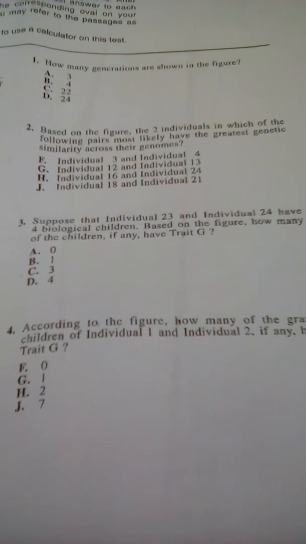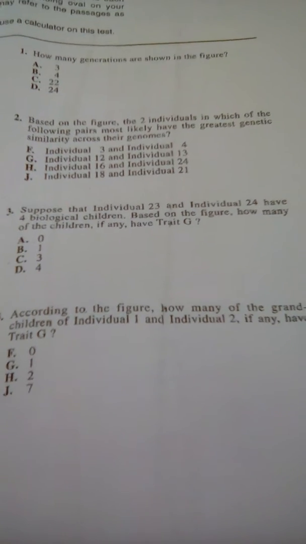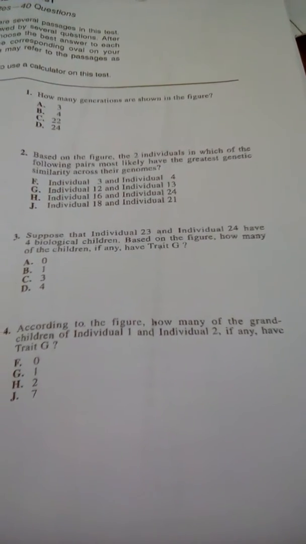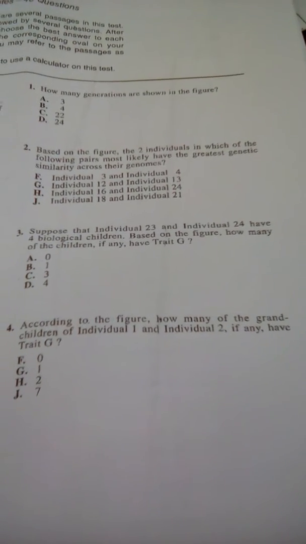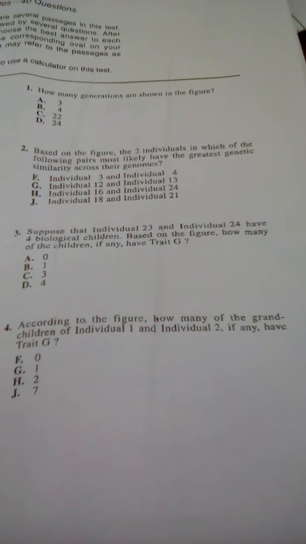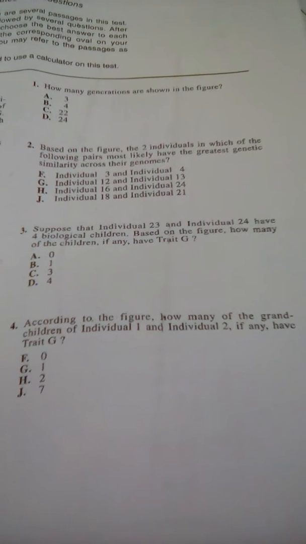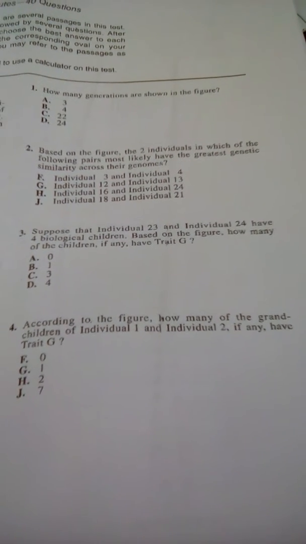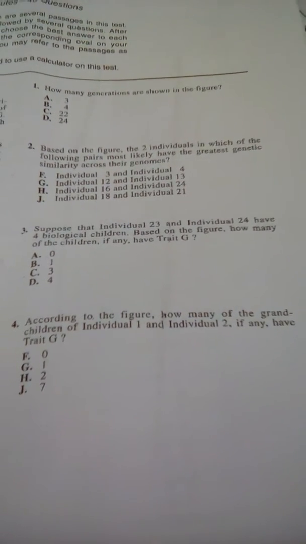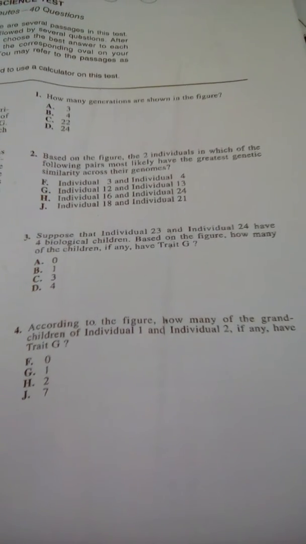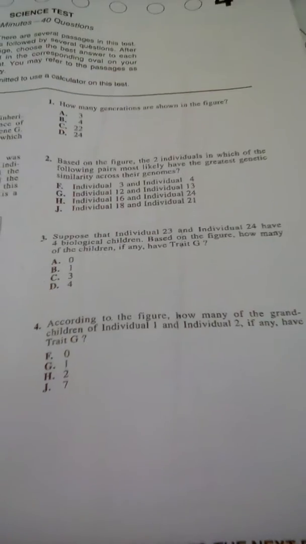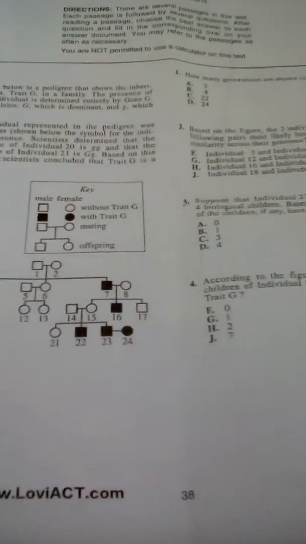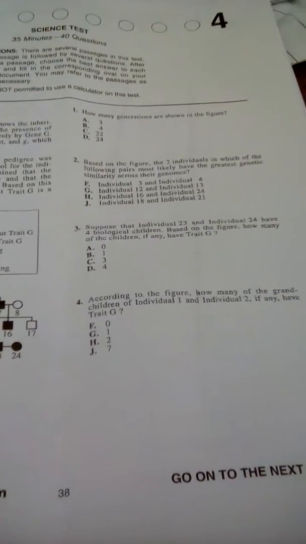4. According to the figure, how many of the grandchildren of individual 1 and individual 2, if any, have trait G? The possible answers are 0, 1, 2, and 7. So which of the answers is correct? How many of the grandchildren of individual 1 and individual 2?